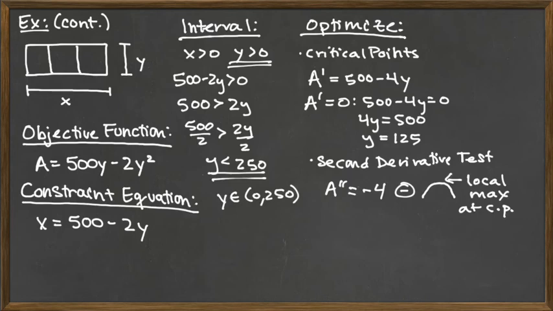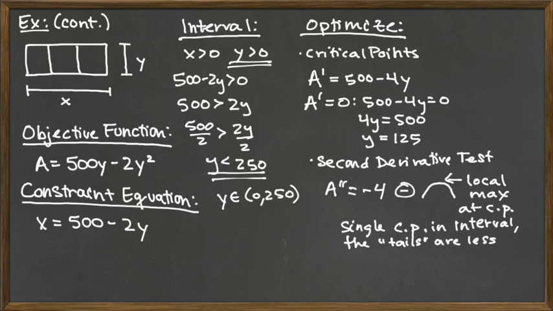But since we have a single critical point in the interval, the "tails" are less. I'll say tails here in quotes, meaning what's happening as we're approaching the endpoints of the interval, the 0 and 250. The tails are less. So what we're really getting is a global max.